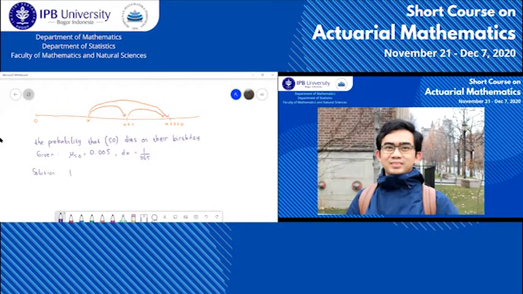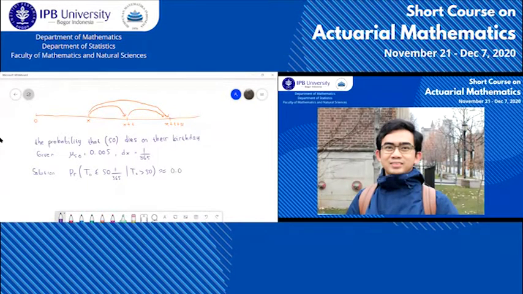so we want the probability that t sub 0 is less than or equal to 50 plus 1 by 365, given that t0 is larger than 50. So we can use the approximation. We approximate this probability by mu x times dx.